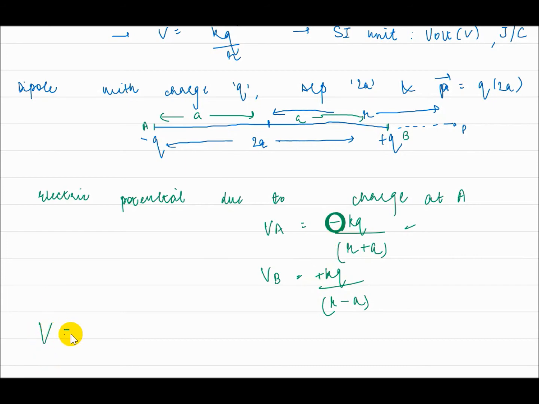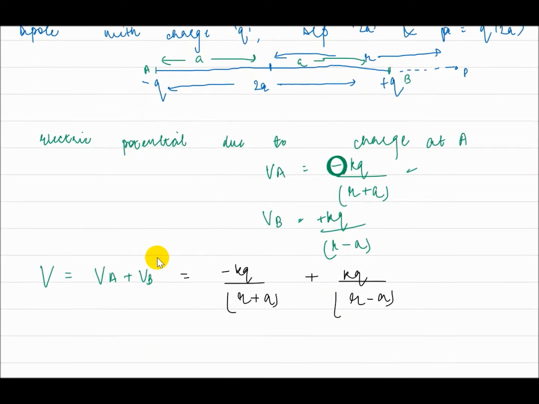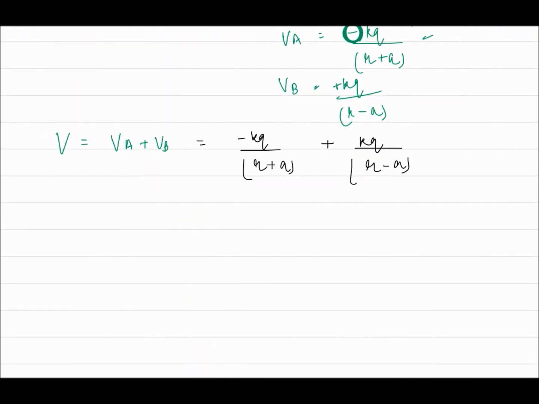So the net potential is VA plus VB, which is equal to minus kq upon r plus a plus kq upon r minus a. So taking kq common, we get 1 upon r minus a minus 1 upon r plus a.